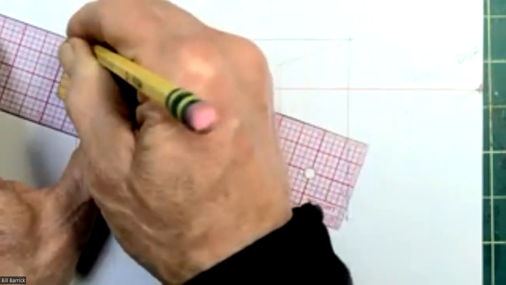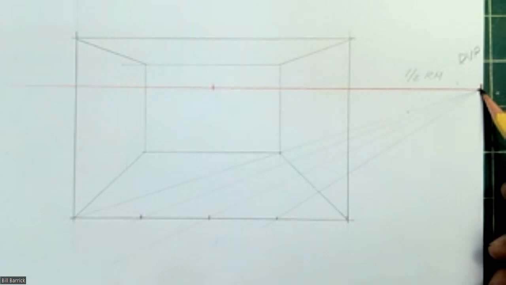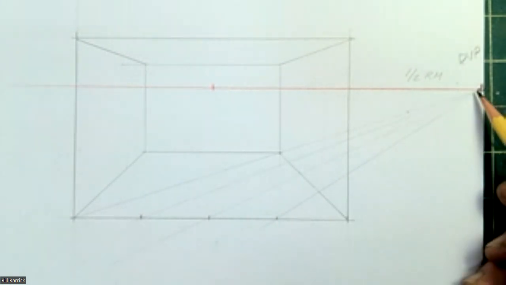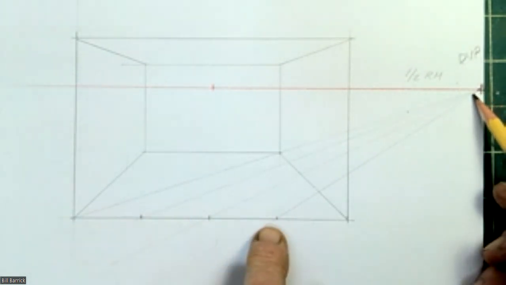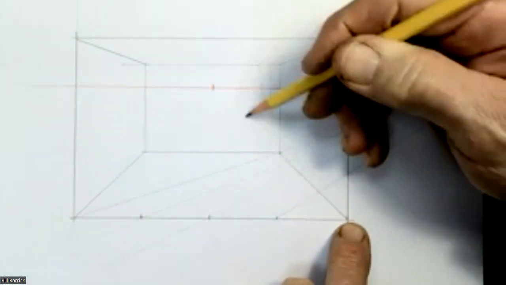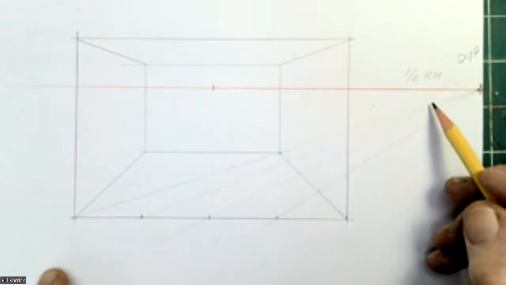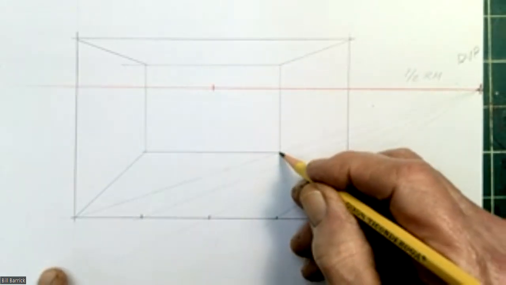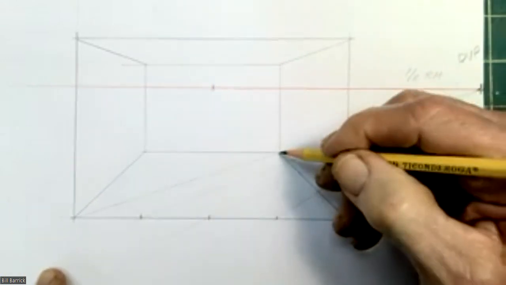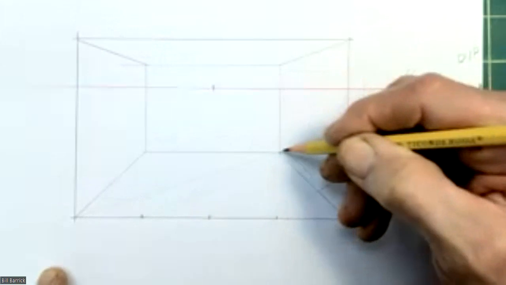Close enough. So what I did was connect from the diagonal vanishing point to each of these 4 points. I drew this corner line to the vanishing point, and where those two meet, where this line and this line meet, that gives me that point. Once I have that point, I can go on around and locate that back wall.